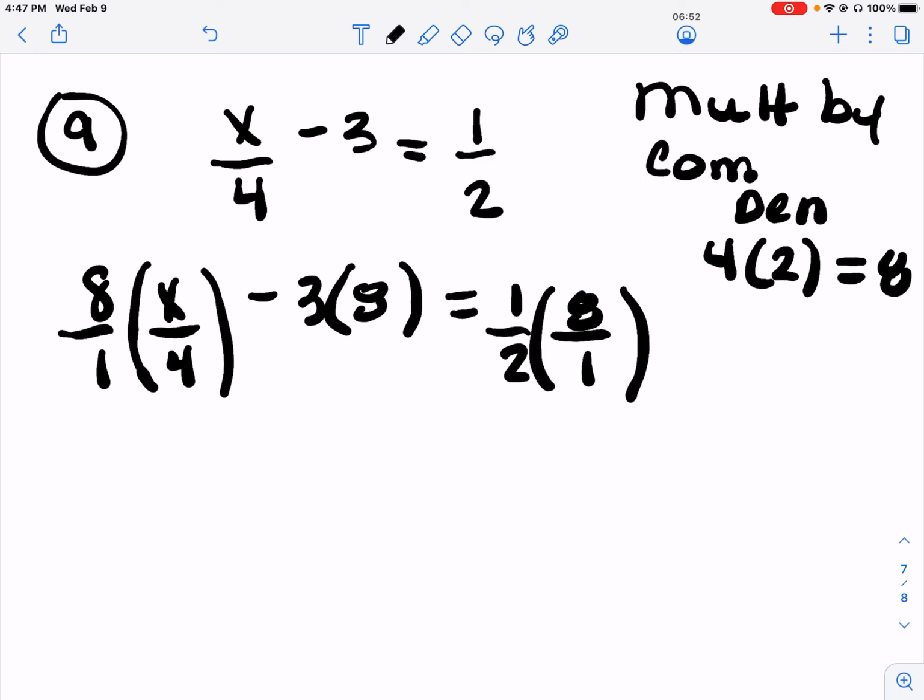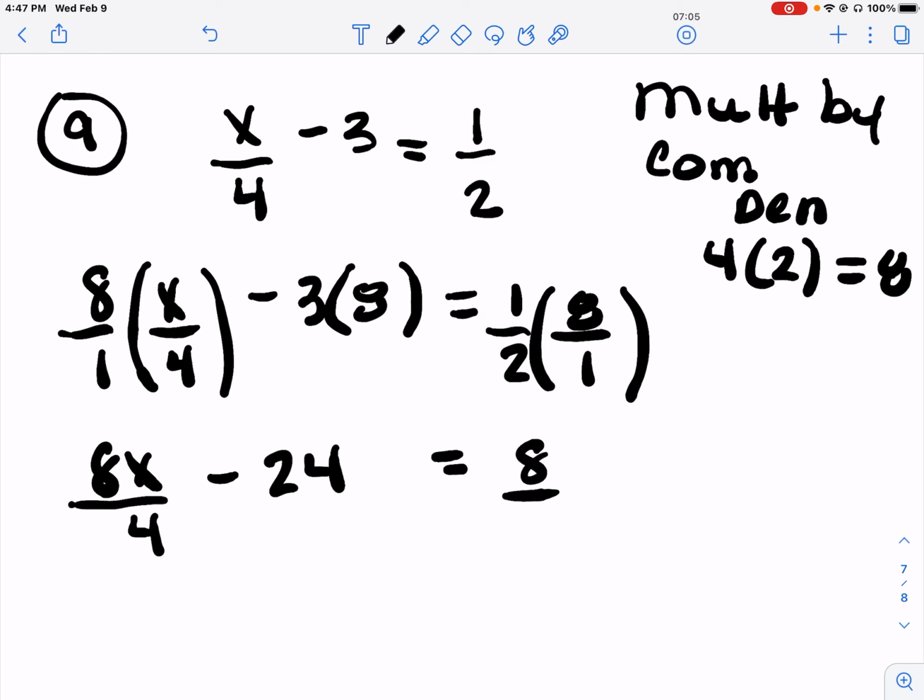Okay, multiply straight across. 8 times x, 1 times 4, 3 times 8. Multiply straight across. 1 times 8, 2 times 1. Okay, so I get 2x minus 24 equals 4 because 8 divided by 4 gives me 2x.